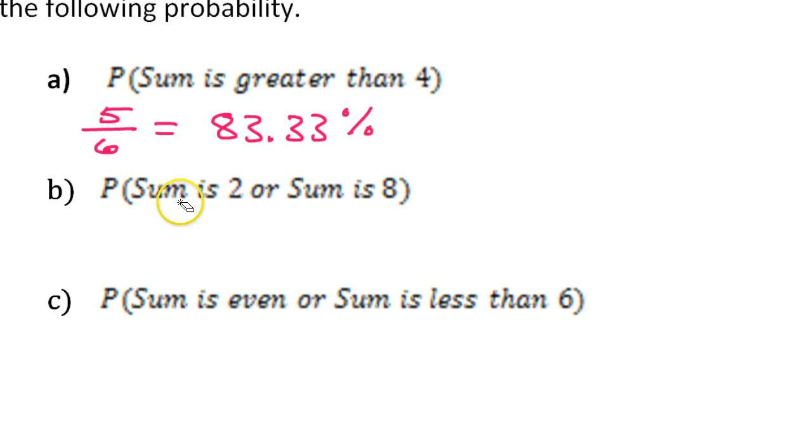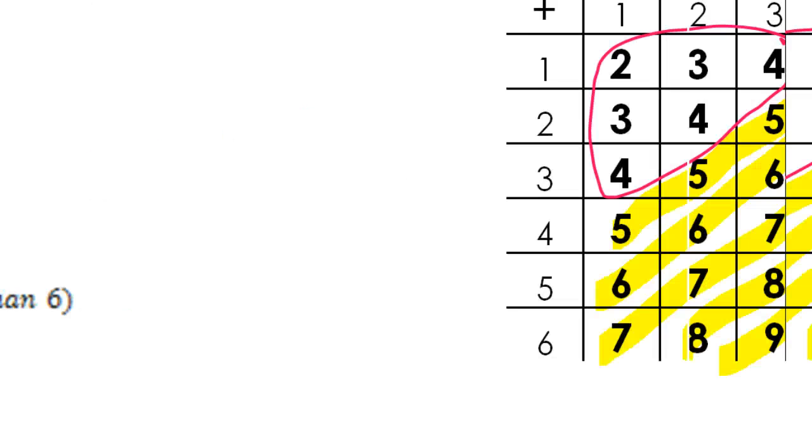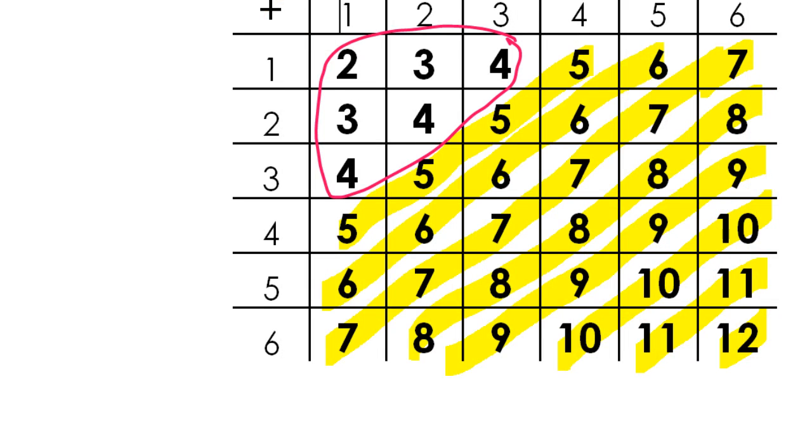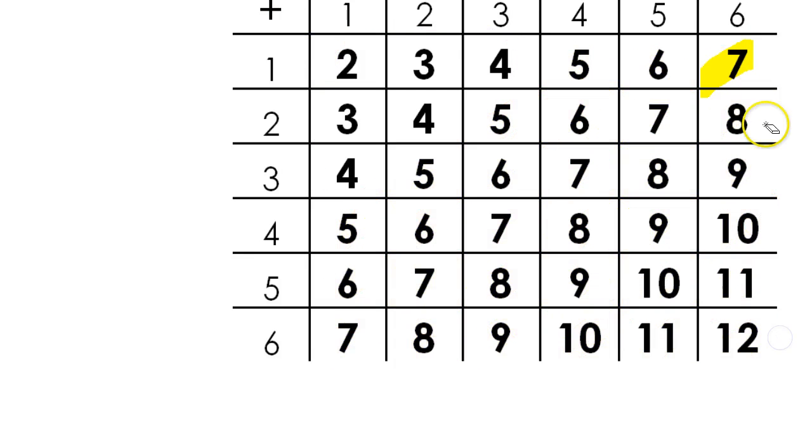Find the probability that the sum is 2 or the sum is 8. 2 or 8. Alright, there's a sum of 2, and here's a sum of 8. So, how many of those are there? 1, 2, 3, 4, 5, 6.